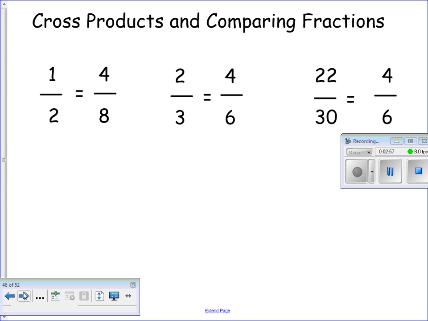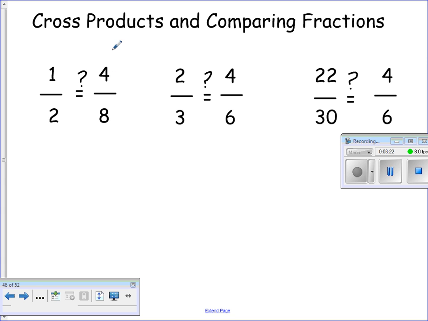Let's take a look at comparing fractions. We want to know, are these fractions 1/2 and 4/8 proportional? Is 2/3 and 4/6 proportional? We know that 1/2 and 4/8 is proportional because if I simplify 4/8, I'm going to get 1/2.